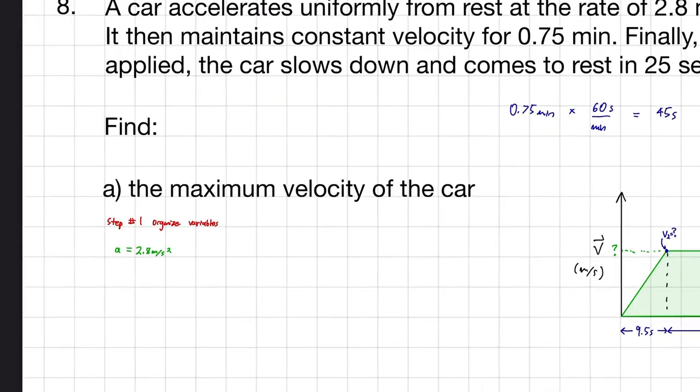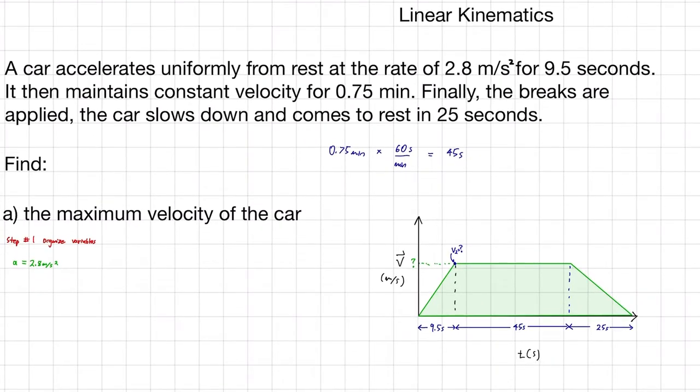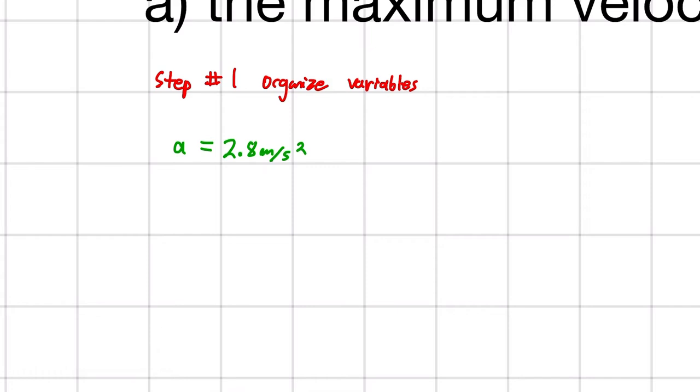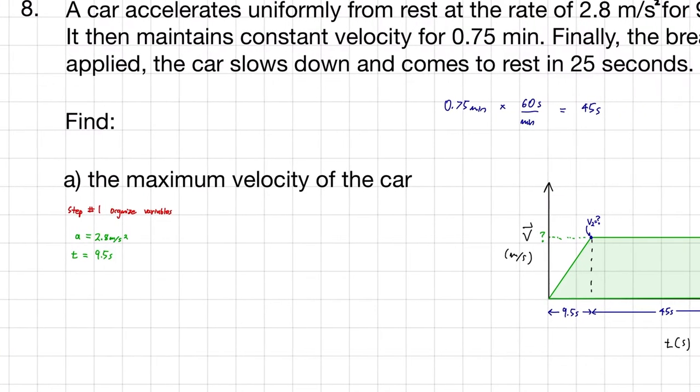We are also given a time. Remember, we're just looking at this initial acceleration phase. So how long does that last? Well, it's 9.5 seconds. So time equals 9.5 seconds.